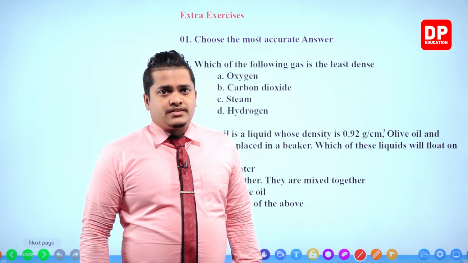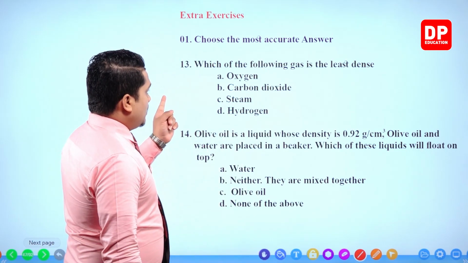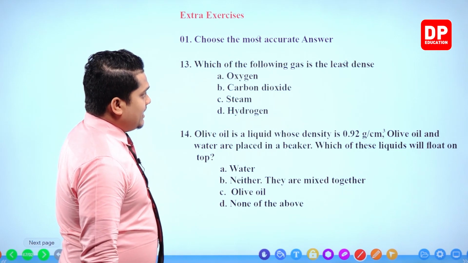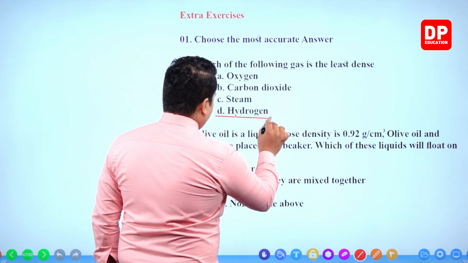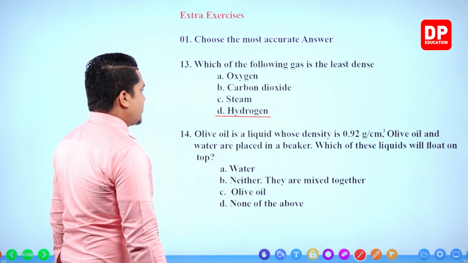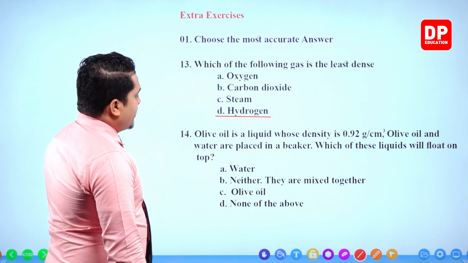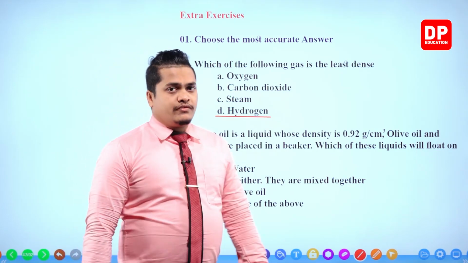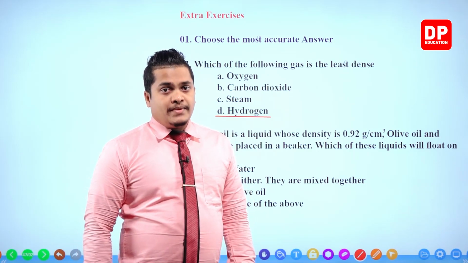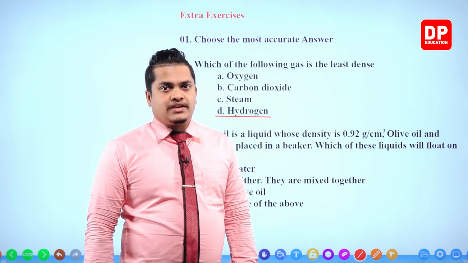Light gas means it has a lower density. So the least dense one is hydrogen gas. That's why hydrogen gas is used to fill air balloons or weather balloons. Balloons will definitely go up with hydrogen as it has a lesser density.